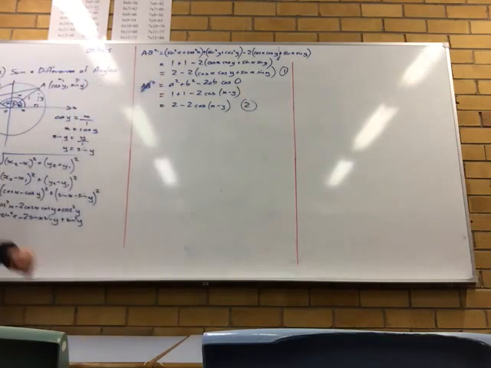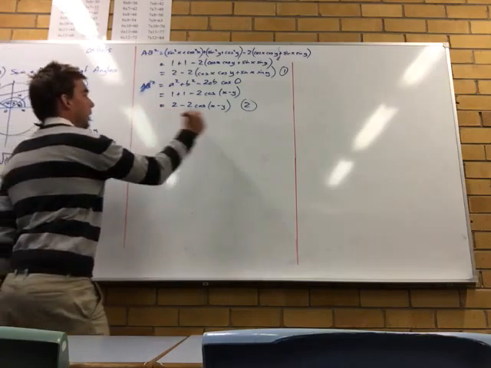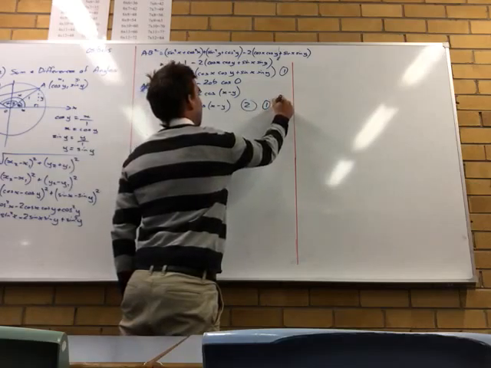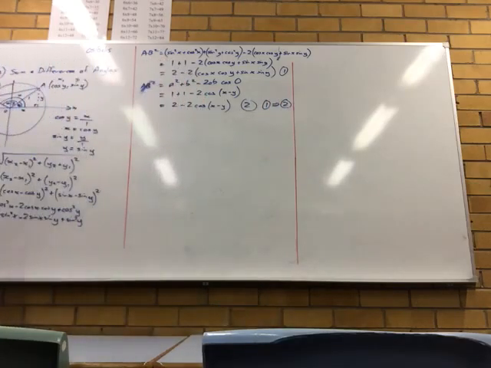And now equation 2. So we have 2 expressions for AB squared. Okay, so we've got number 1 and number 2. So now I'm going to substitute equation 1 into equation 2.